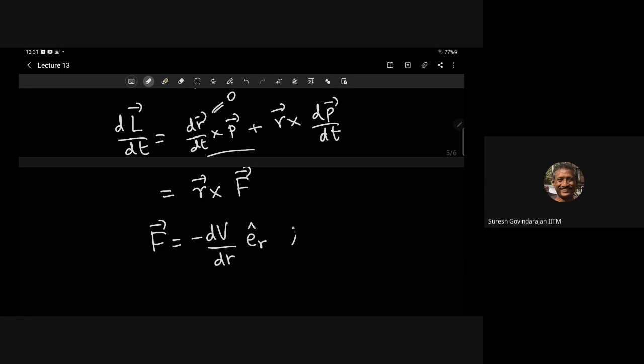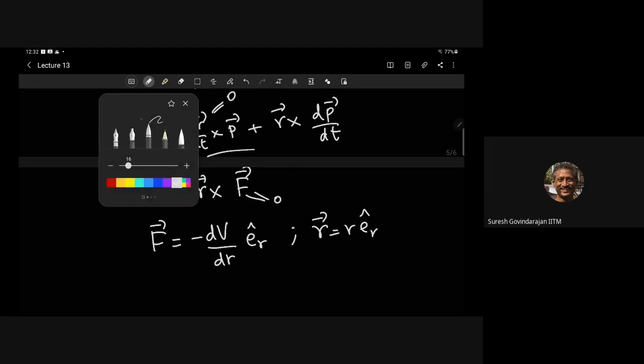And r is r times r cap. So what can we say about f cross r? That's also 0, because it's a central force.